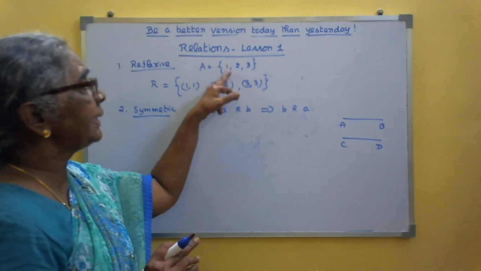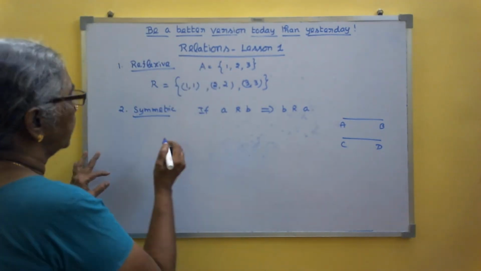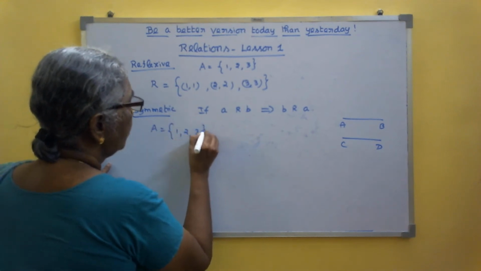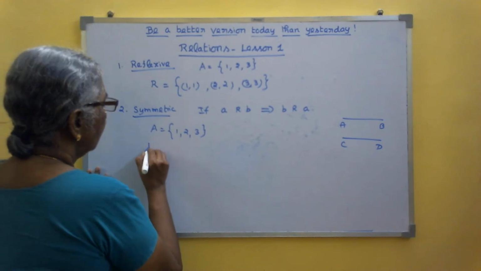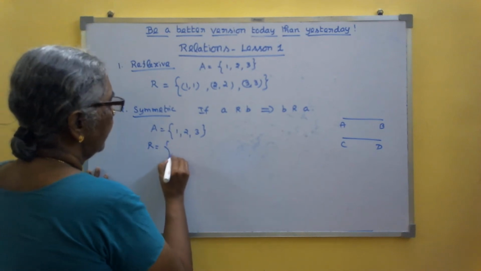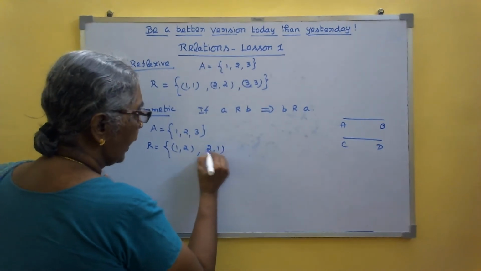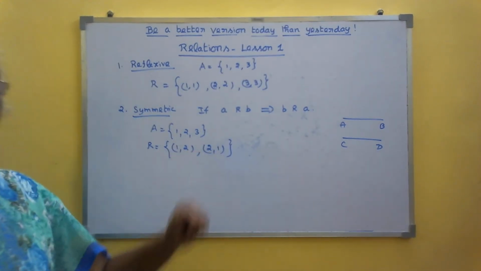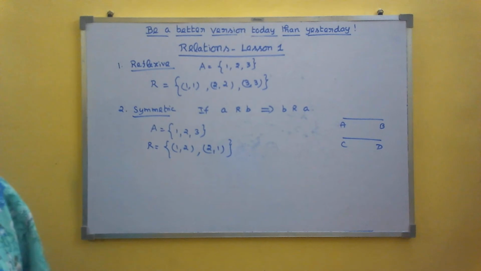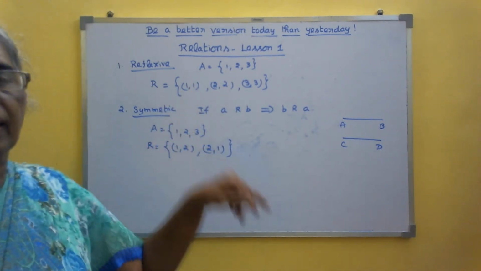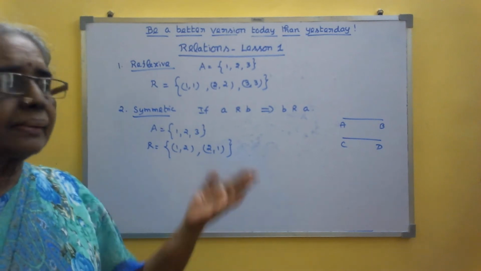Now let me take this same example and explain to you. So I will consider A is equal to {1, 2, 3}. Now the symmetric relation, if I have the pair (1, 2), I should have (2, 1). Now I can call this symmetric. You need not bother here whether the other pairs like (2, 3) or (1, 3) is there or not.